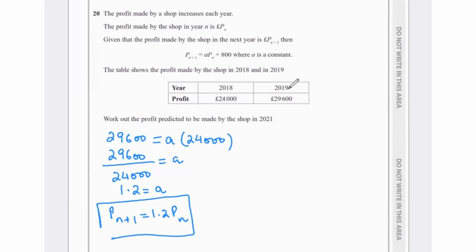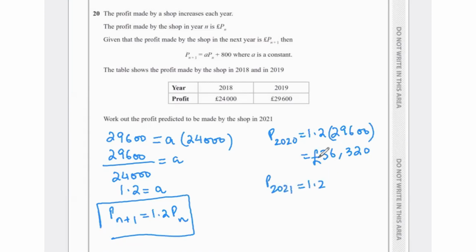First, let's find the profit in 2020. The profit of 2020 is going to be 1.2 times the profit in 2019, and that's going to be 36,320 pounds. Now the profit in 2021 is going to be 1.2 times the profit in 2020, and that will be 44,384 pounds. So that is your answer.